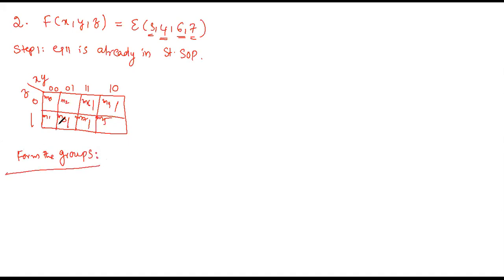You can have the groups here: M3, M7, M6, M4. Now write down the possible combinations and do the grouping. M3, M4, one combination. M3, M6, one combination. M3, M7, one combination.